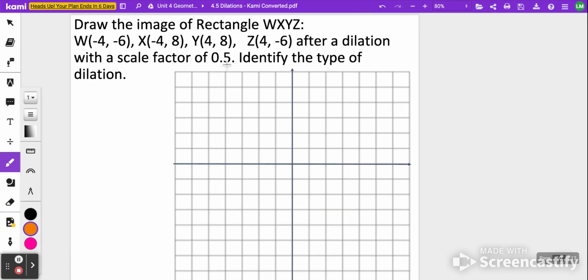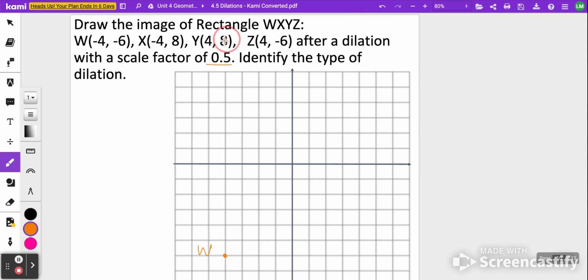Notice that this scale factor is 0.5. So let's go ahead and first draw my original points. (-4, -6). That's 1, 2, 3, 4. Down 1, 2, 3, 4, 5, 6. Here's W. (-4, 8). 1, 2, 3, 4, 5, 6, 7, 8.